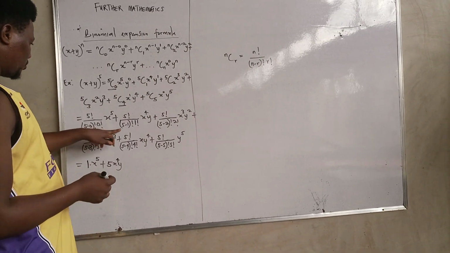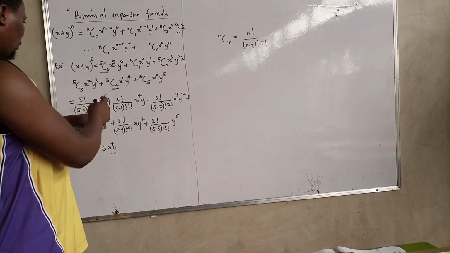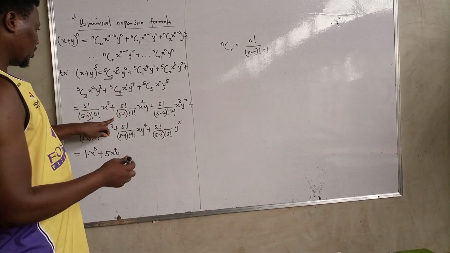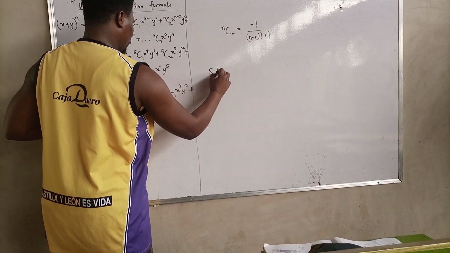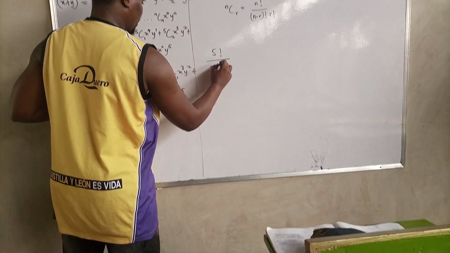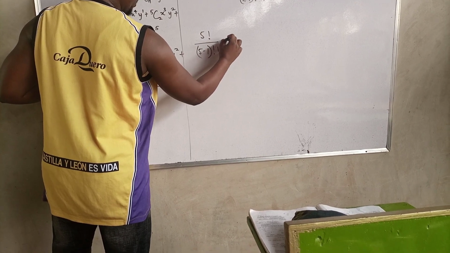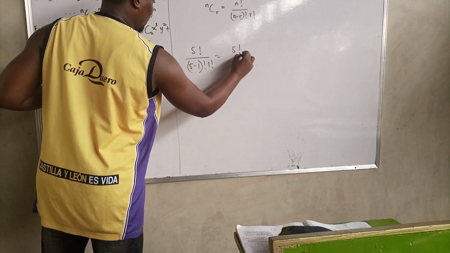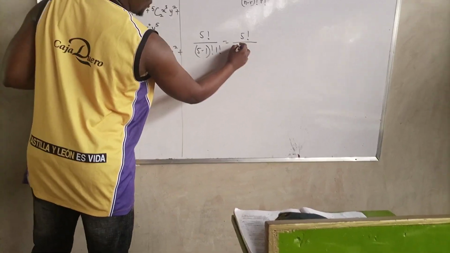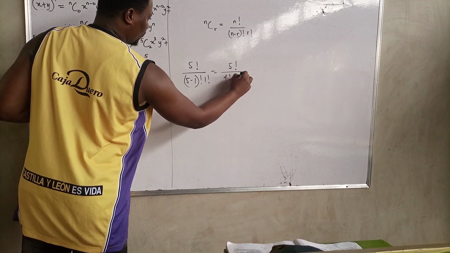But let us simplify so you can get it properly. We are talking about here: 5 factorial all over 5 minus 1 factorial, 1 factorial, which will give us 5 factorial over 5 minus 1, that is 4 factorial, 1 factorial.